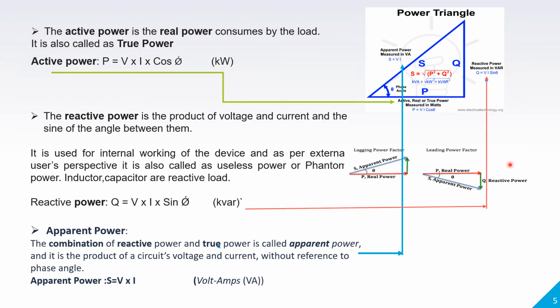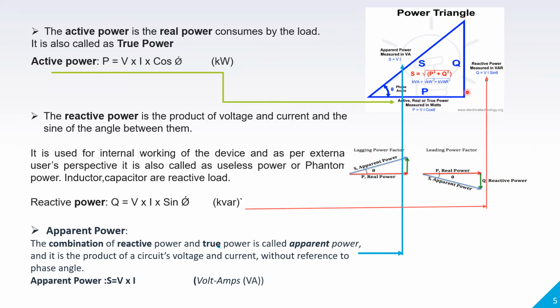Here we will see one by one. First you can see this blue color triangle as we discussed before. So this P is nothing but the active power. It is also called real power. It is also called true power. It is always measured in watts or kilowatts. And the formula for the active power is P is equal to V I cos phi.